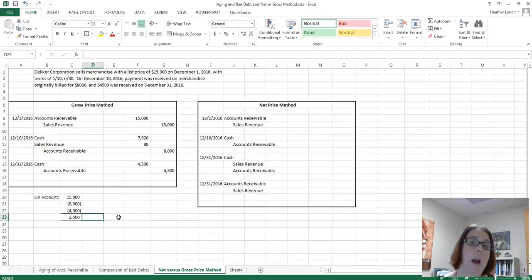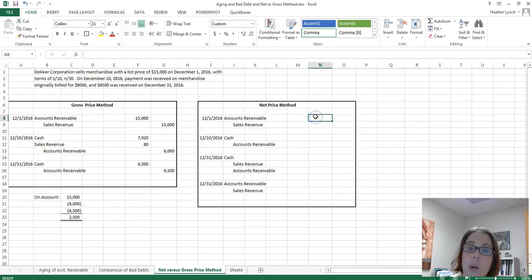Now let's see how that compares to the net price method. With the net price method, we assume right away when they make that sale that they're going to take that 1% discount. They're going to honor the 1%, 10 and not pay it in 30 days.